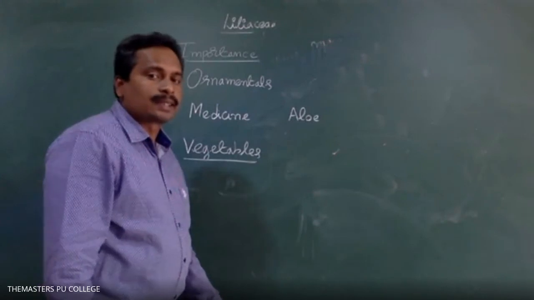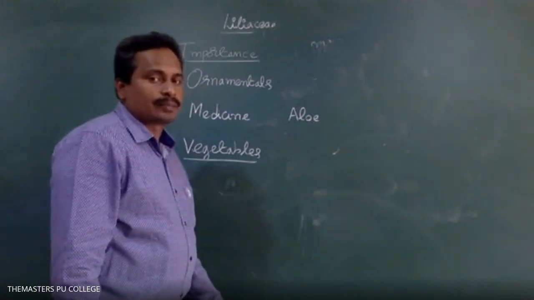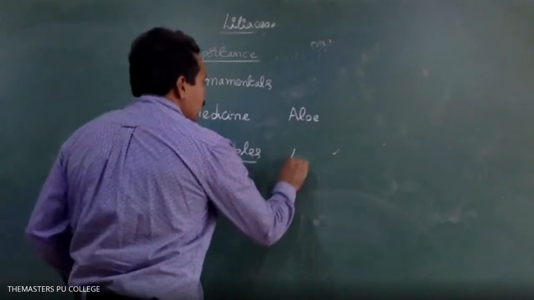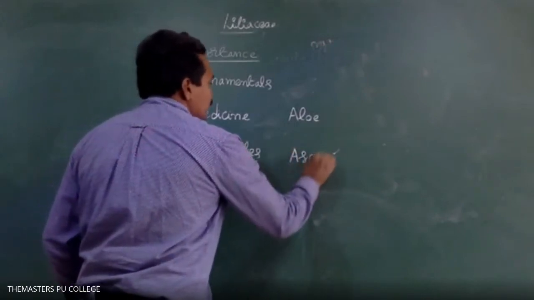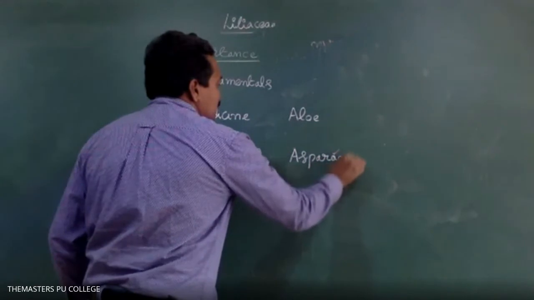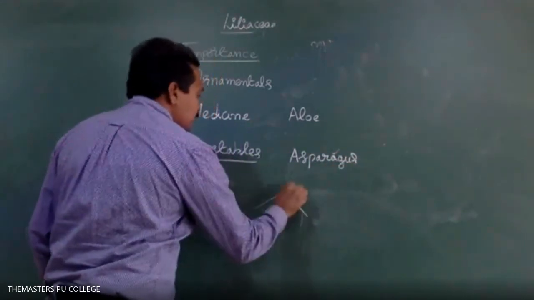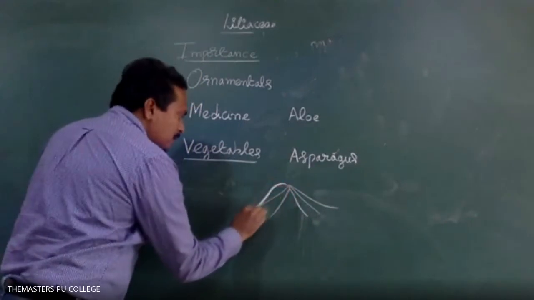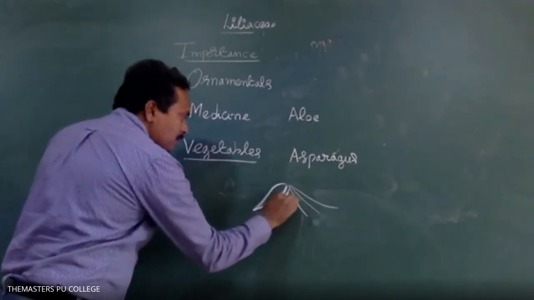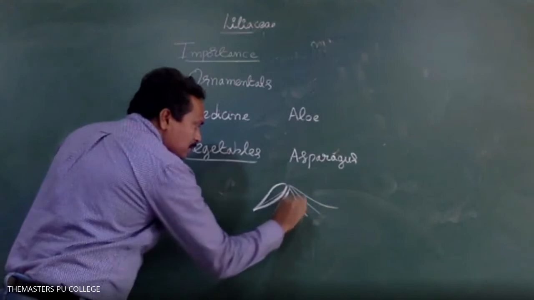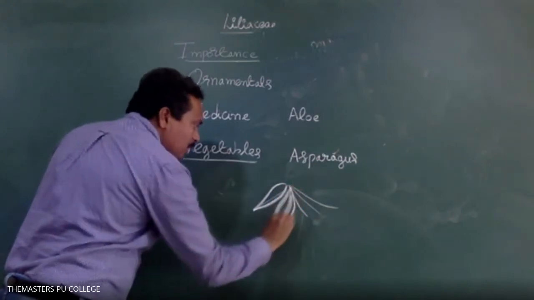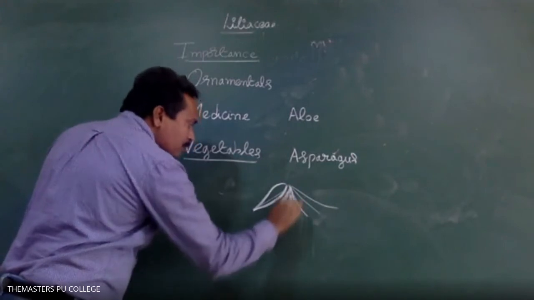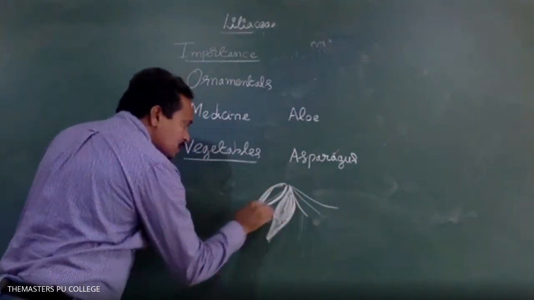In asparagus, the root system is a cluster of tuberous roots, where the fibrous roots are involved in storing food materials to form a cluster of tuberous roots, fasciculated roots.